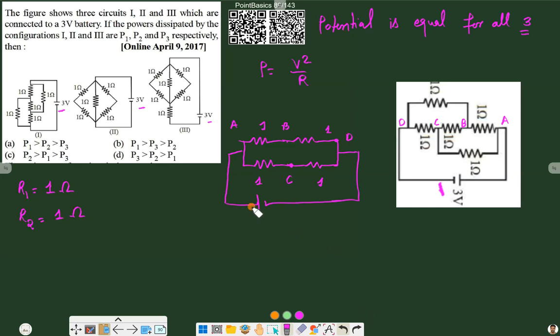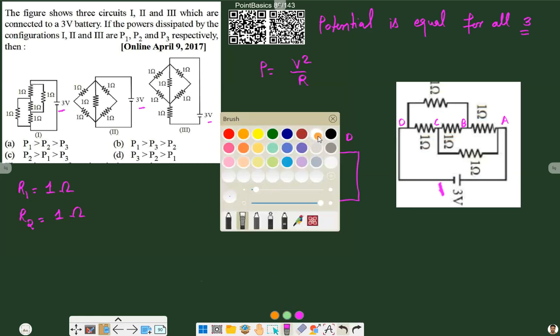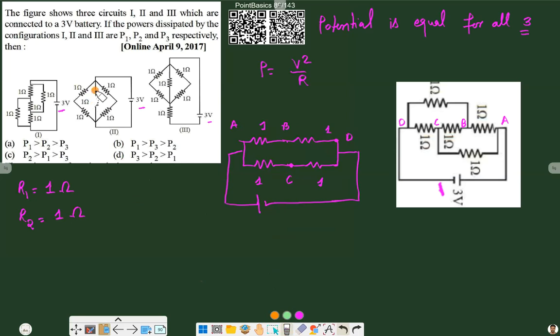In case of the second circuit, the first one is right, but the second is not a Wheatstone bridge. It would have been a Wheatstone bridge if the circuit would have looked like this. Let me show. If our circuit would have looked like this, then it would be a Wheatstone bridge.